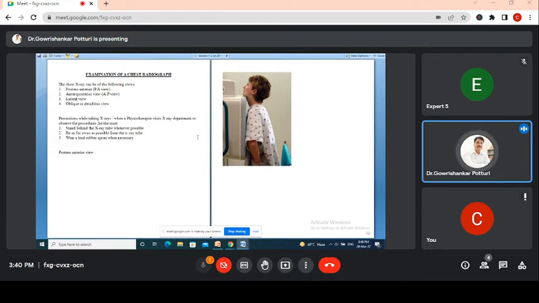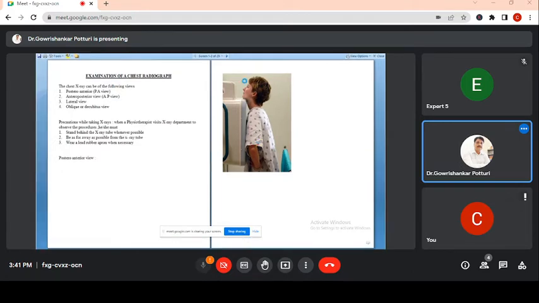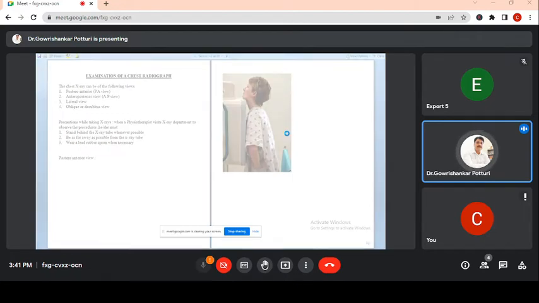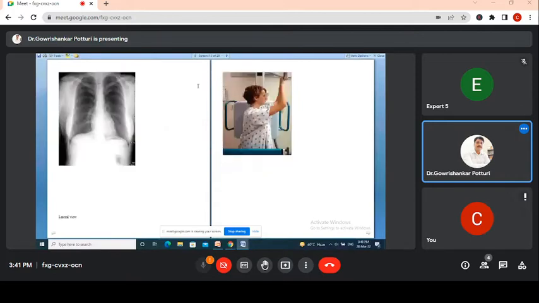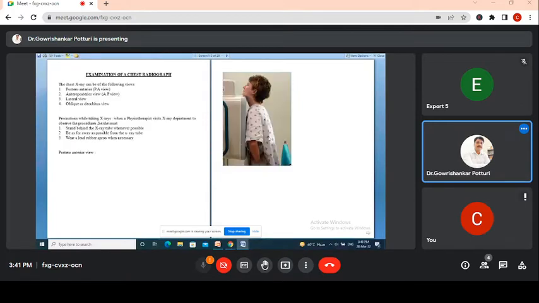Now the first view is posterior anterior view. See, actually for every radiograph procedure, there will be an emitter through which X-rays are emitted, and there will be a cassette where your X-rays are recorded.